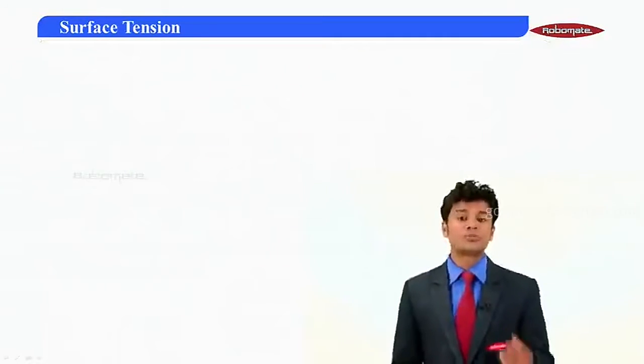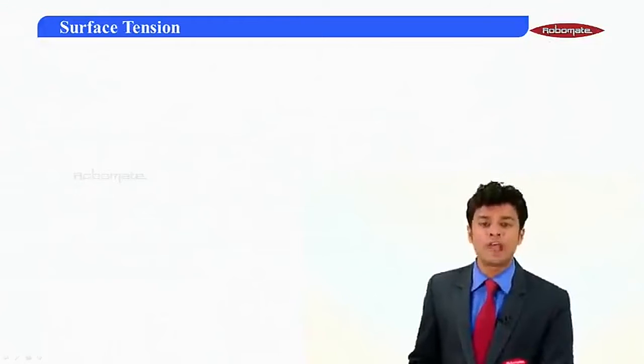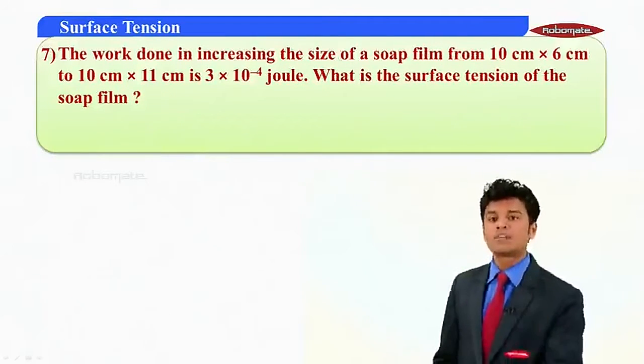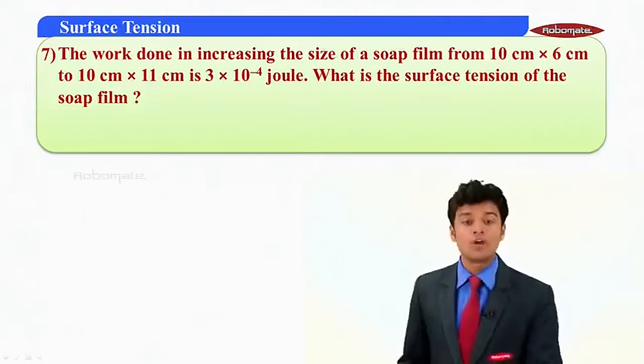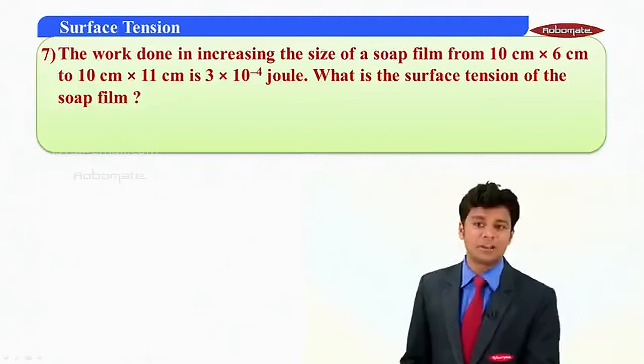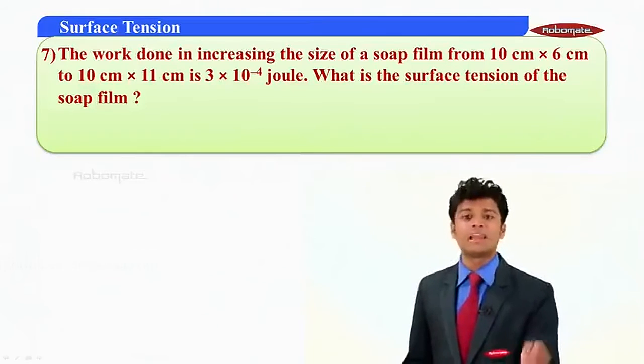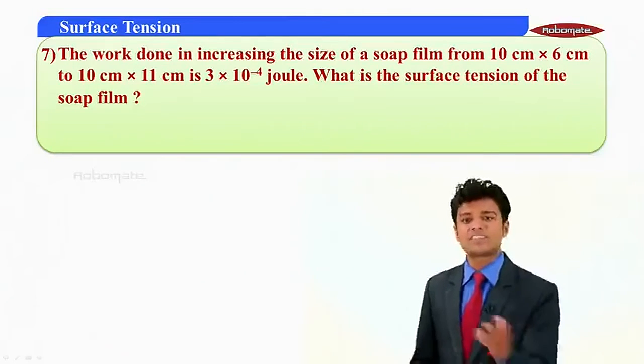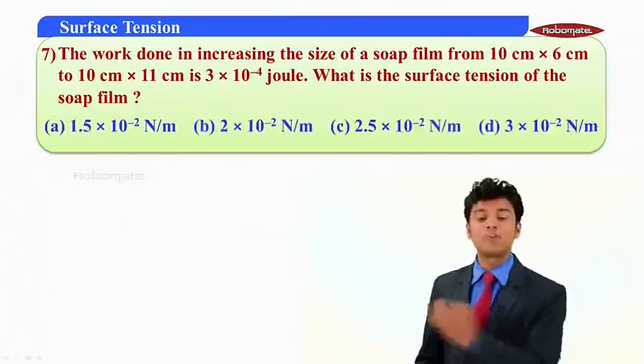Now let's move to the final MCQ for the module and for this type of work done, the 7th MCQ. It says that the work done in increasing the size of a soap film from 10 centimeter by 6 centimeter to 10 centimeter by 11 centimeter is 3 into 10 raised to minus 4 joules. What is the surface tension of the soap film? The 4 options are given.